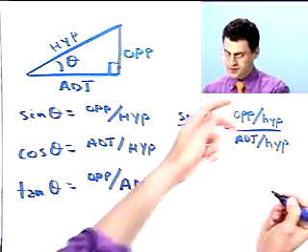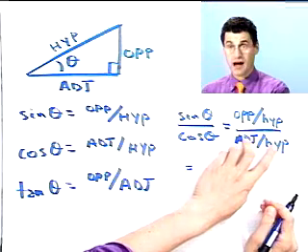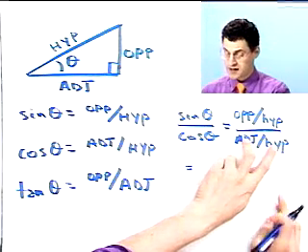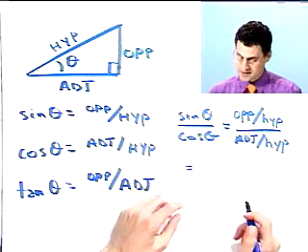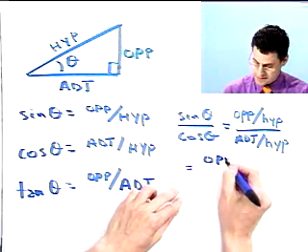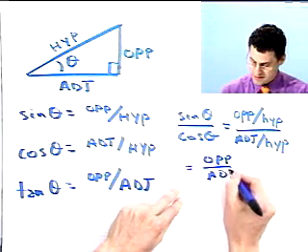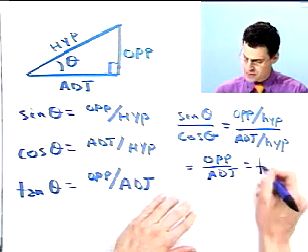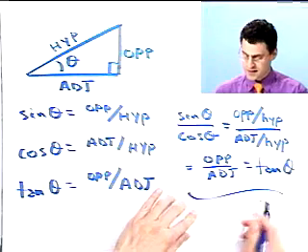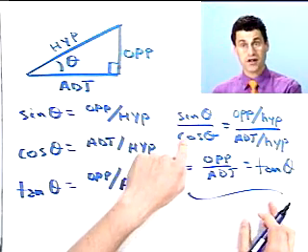When I invert and multiply, the hypotenuses cancel, because I have a hypotenuse on the bottom, and when I invert this, whoop, I have the hypotenuse on top. So what I see here is opposite over adjacent. And what's the name of that ratio? That's exactly tangent. So we just proved our first basic identity, that tangent equals sine over cosine.